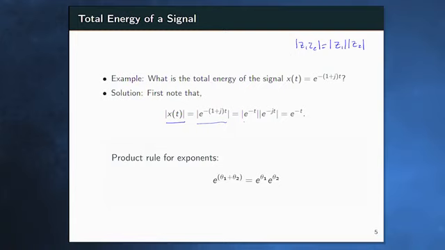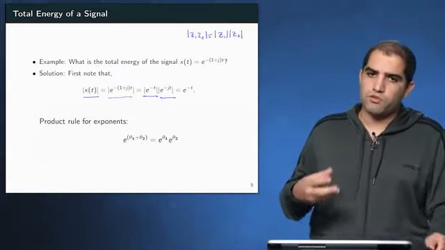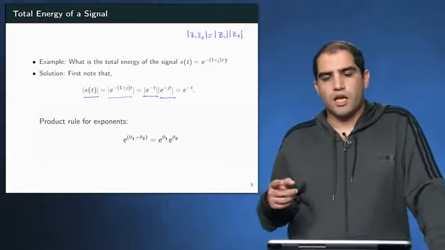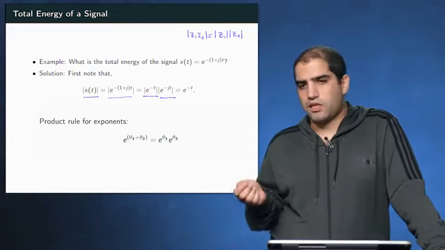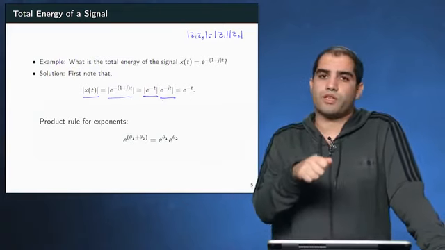So here what we get is that this is equal to the absolute value of e to the negative t times the absolute value of e to the negative jt. Again, it's useful to think about e to the jt as a vector on the complex plane that is on the unit circle with the angle t.